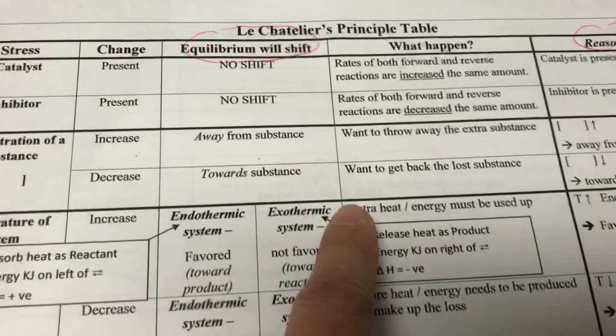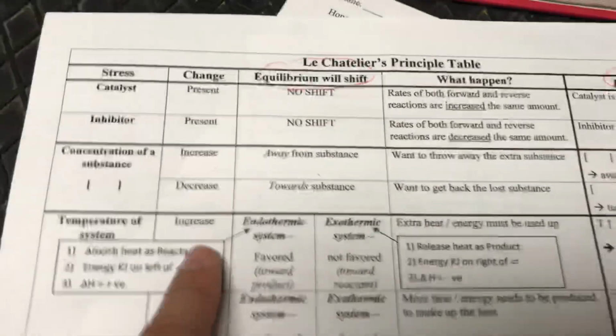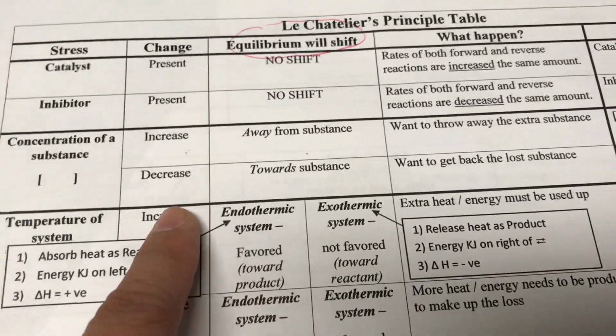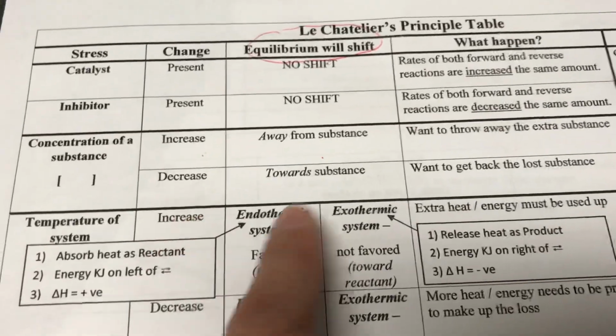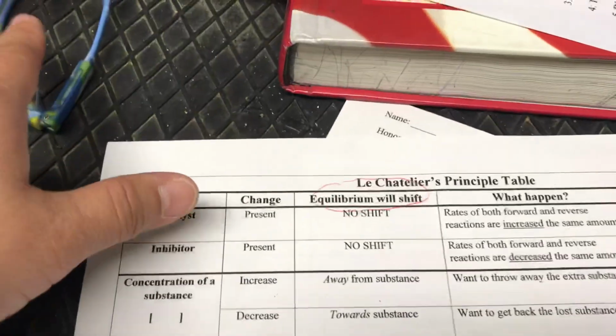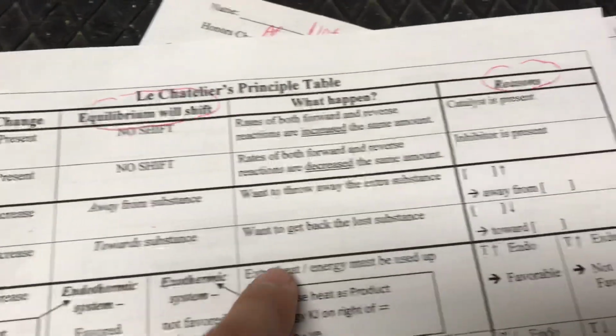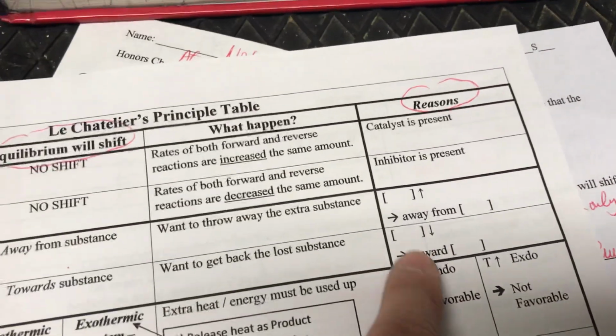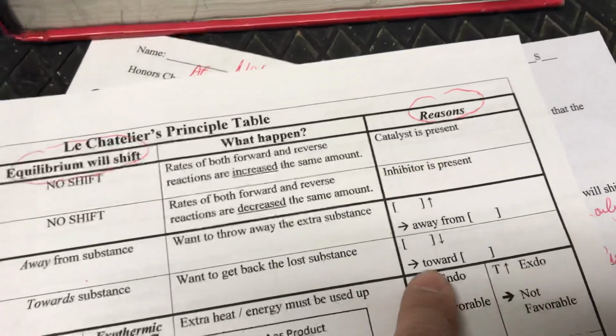I'm going to go toward the substance, because he wants to get back the lost stuff. Because you're already at equilibrium, but you suddenly take away my stuff and decrease my concentration, of course I will shift equilibrium toward the substance because I want to get it back. So when you decrease the concentration, you want to stay toward the substance because you want to get it back.